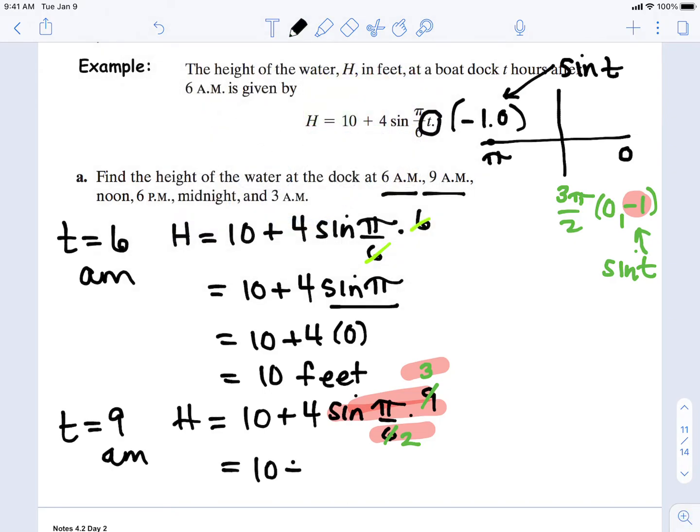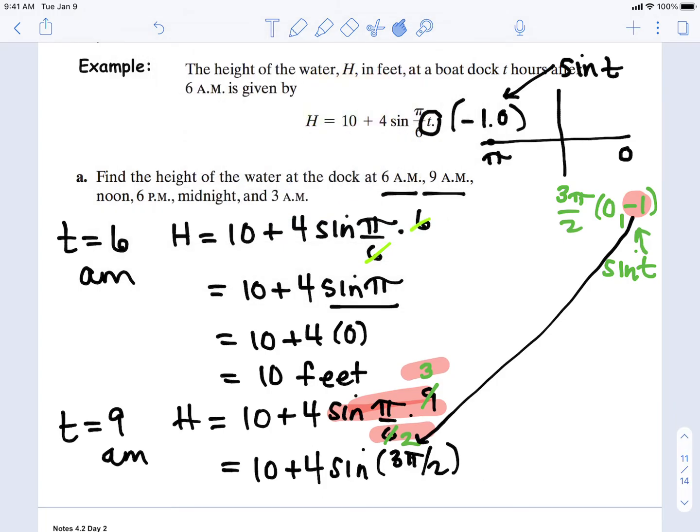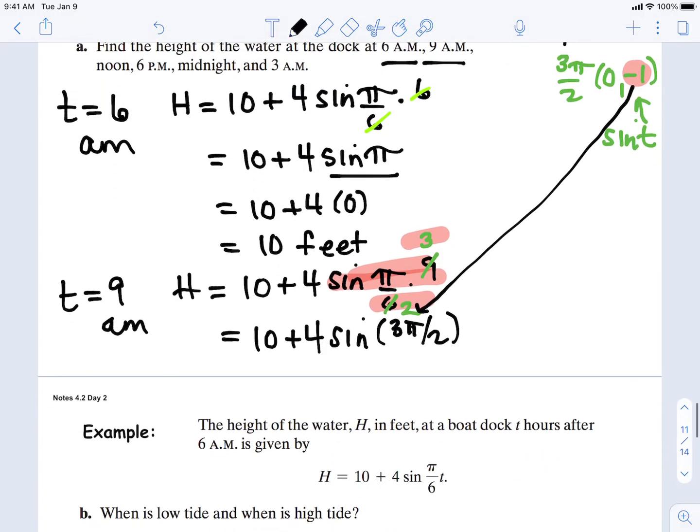So 10 plus 4 times the sine of 3 pi over 2, and now that exact value is -1. And then we simplify it, and we get 6. So at 9 a.m., it's 6 feet.